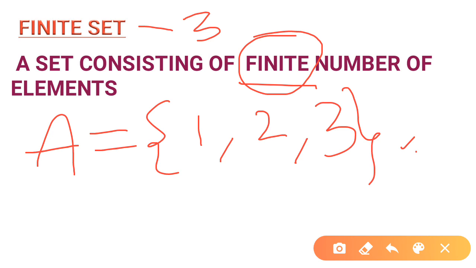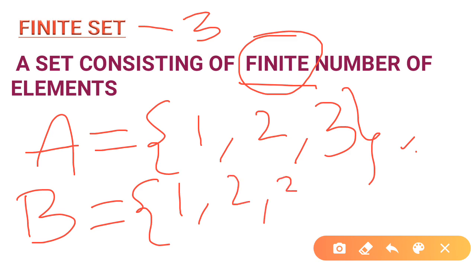So a finite set means a set consisting of a finite number of elements. If I take 1, 2, 3 and put dots after it, is it a finite set?